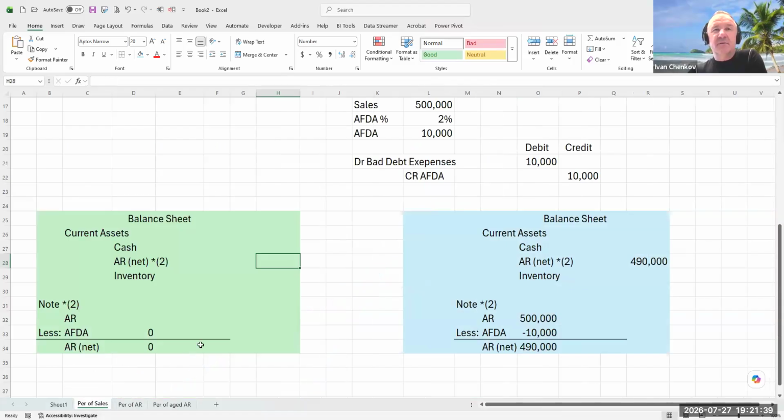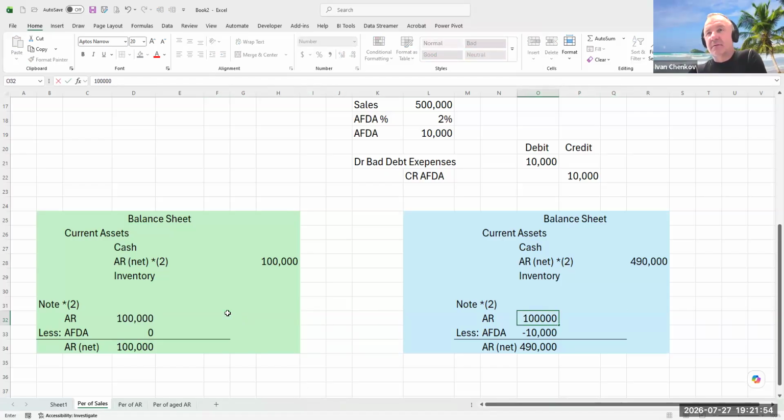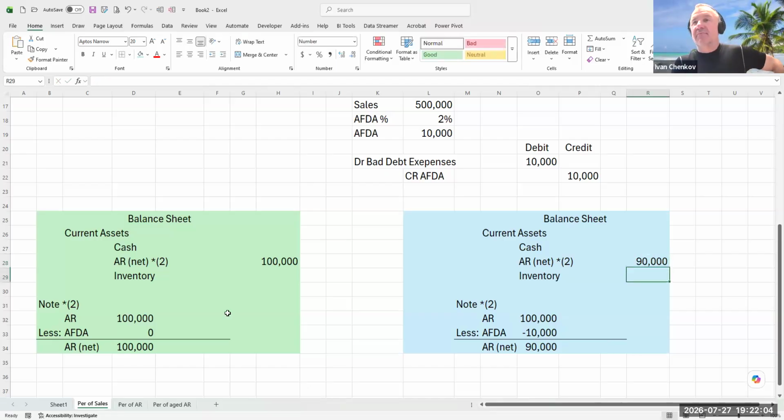So $100,000. We calculated that accounts receivable here will be $100,000, and here we're going to have $100,000 minus 10,000, which doesn't change the previous one. So we got 90,000, if we have to be accurate.